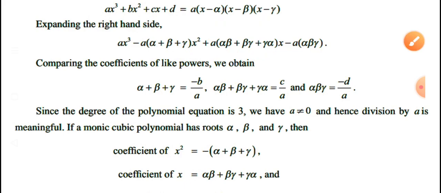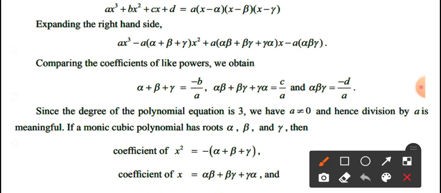Okay, once again listen. The left hand side is the cubic equation ax cube plus bx square plus cx plus d, which is equal to a into x minus alpha into x minus beta into x minus gamma. Now we are expanding the right hand side.